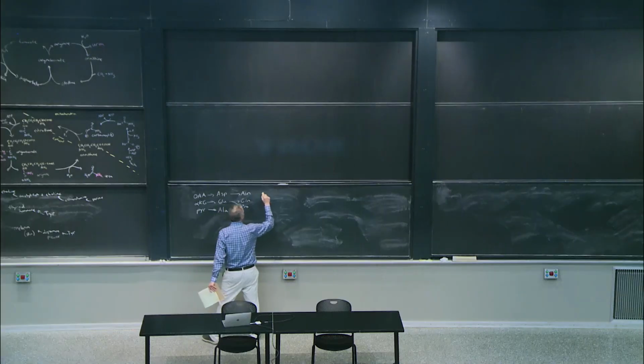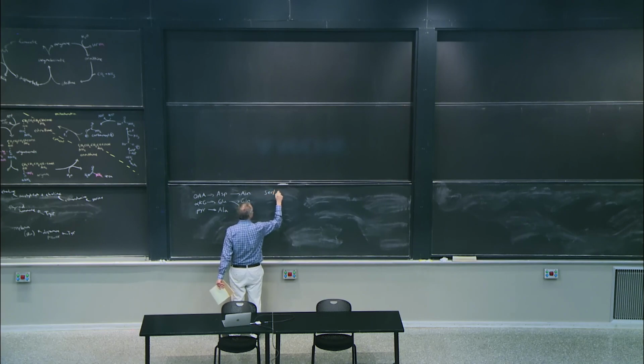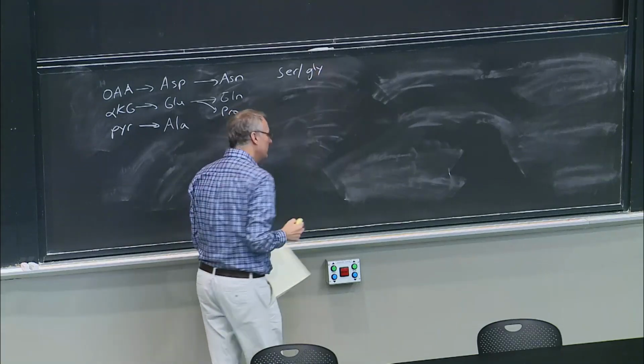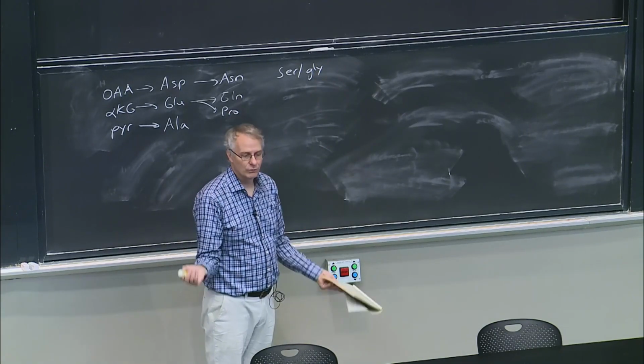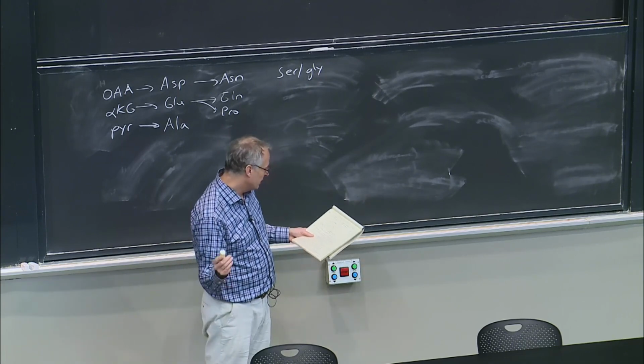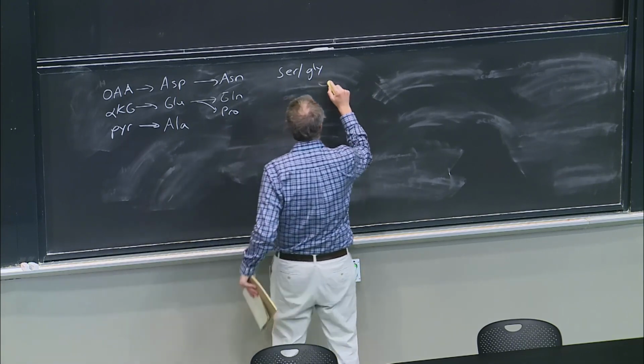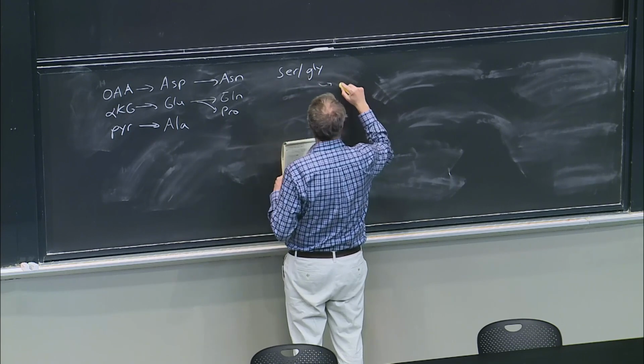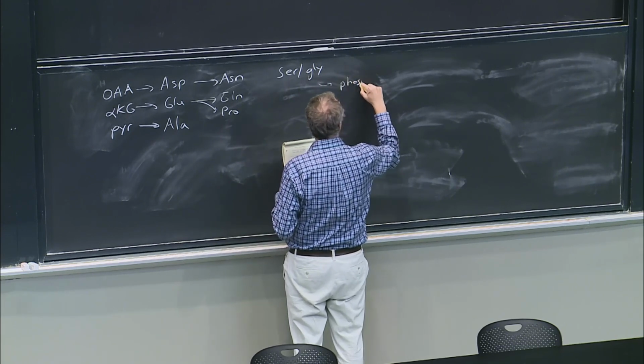And so just to be clear about this, it turns out serine-glycine metabolism, important for nucleotides and 1-carbon units. We'll see that a lot. But serine and glycine also used to make phospholipid head groups.